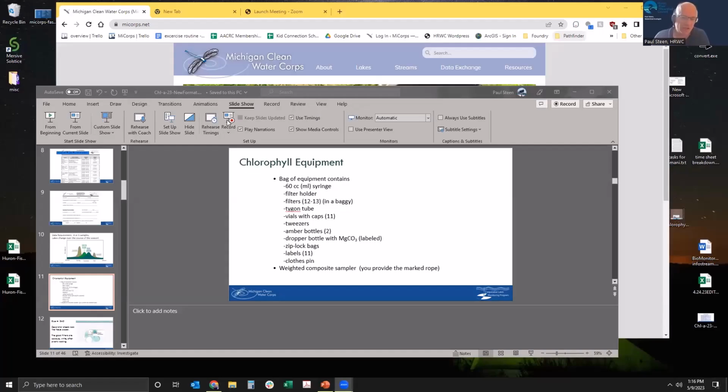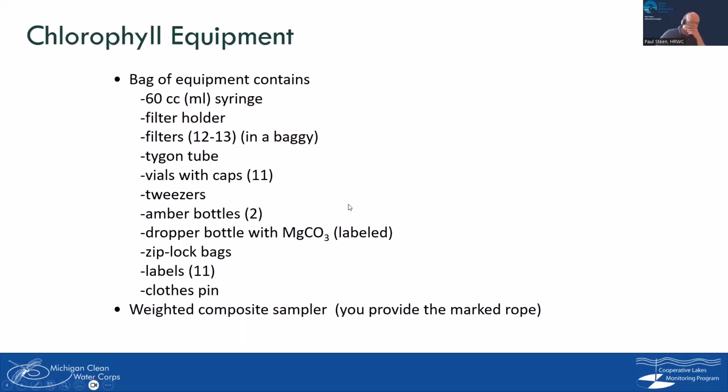All right, I'll go back to sharing my screen, and I'll say from this slide. Okay. There's some other things that will come in that kit in the mail, or you maybe already picked it up at the conference. We'll have lots of little filters in a baggie, which I'll show you a picture of in a second. There'll be vials where you put the final filter after you do that work.